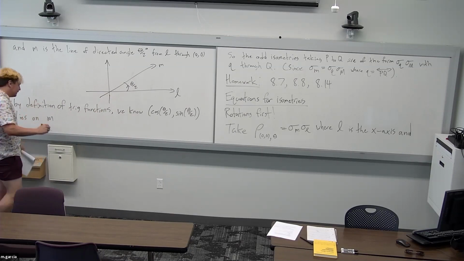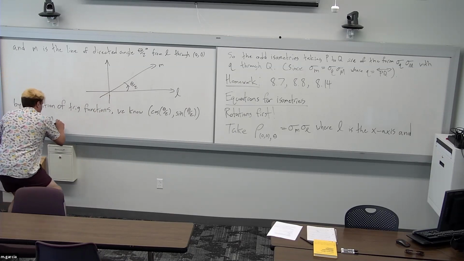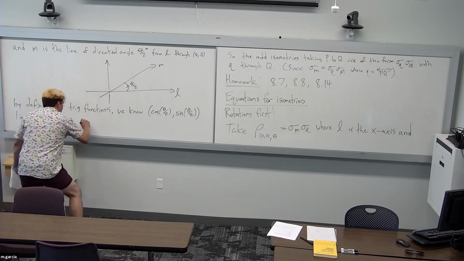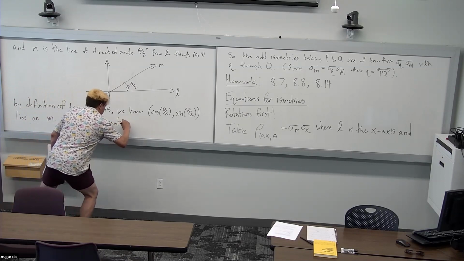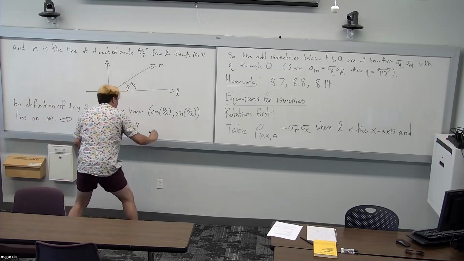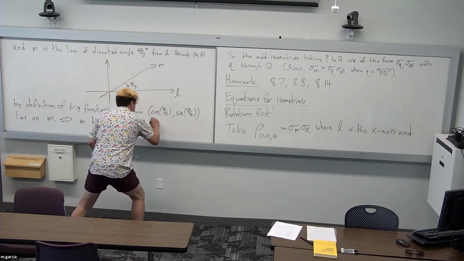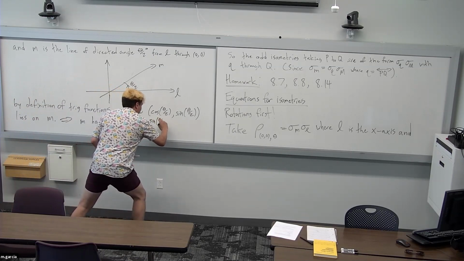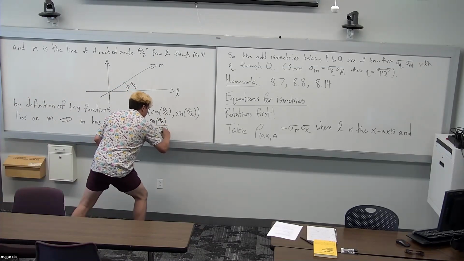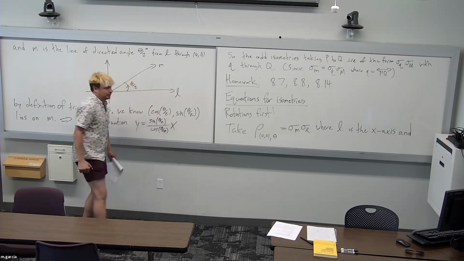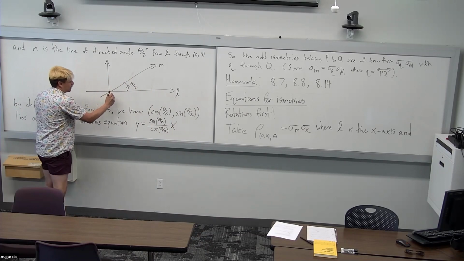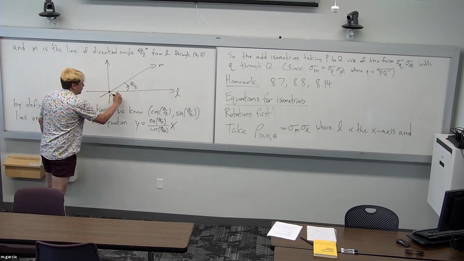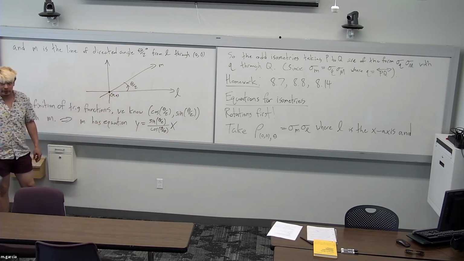So what does this mean? Well, this implies M has the equation y equals sine of theta over 2 divided by cosine of theta over 2, times x. Right? Because we insisted, of course, that M go through the origin, so its y-intercept is 0.